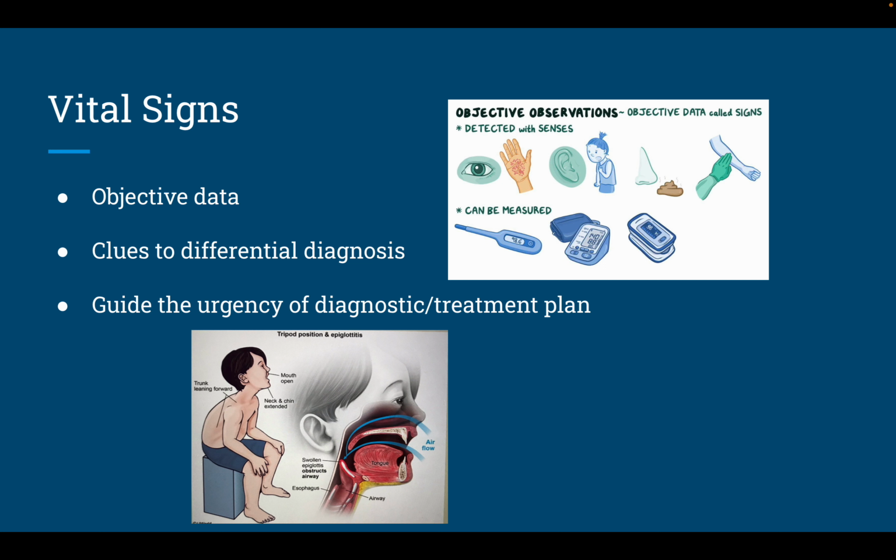These then can give us clues to maybe our differential diagnosis or what pathophysiology might be going on. And I think it can also help guide the urgency and the tempo of how we go through our diagnostic and treatment plan. For example, when you see this patient at the bottom here in a tripod positioning, perhaps they have a bad asthma exacerbation and they're really working hard to breathe.